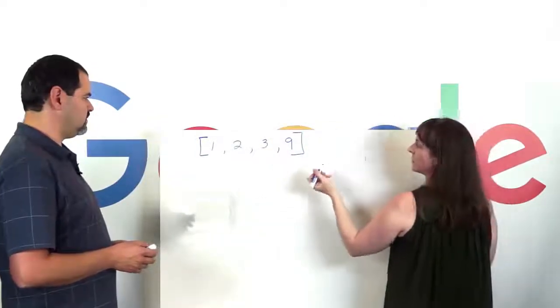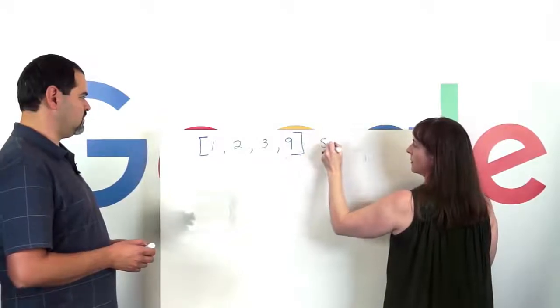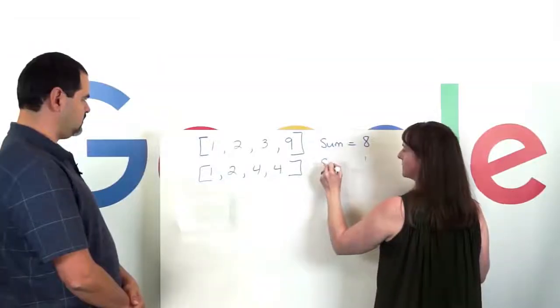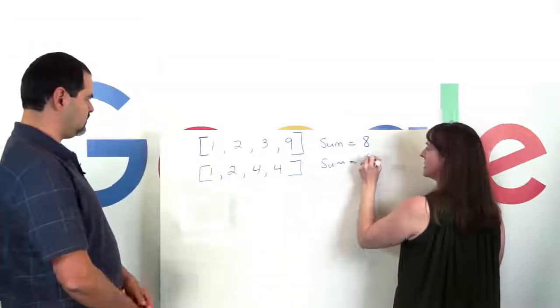And the sum that I'm looking for is 8. Okay. And then another example, just for another set of numbers, could be a 1, a 2, a 4, and a 4. And then again, the sum that I'm looking for is 8.